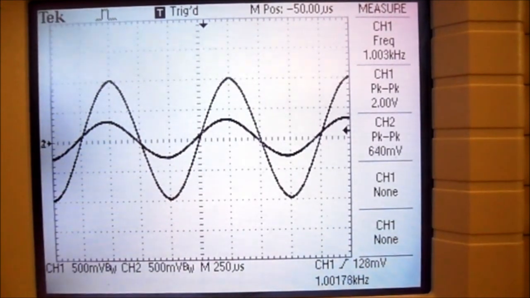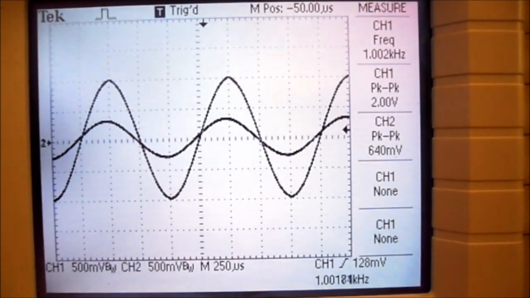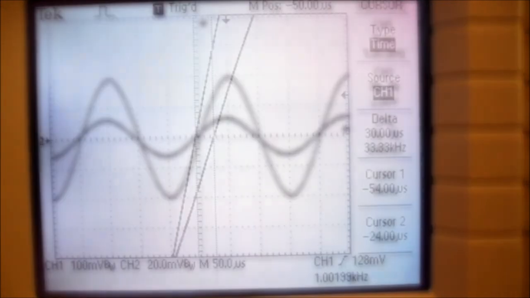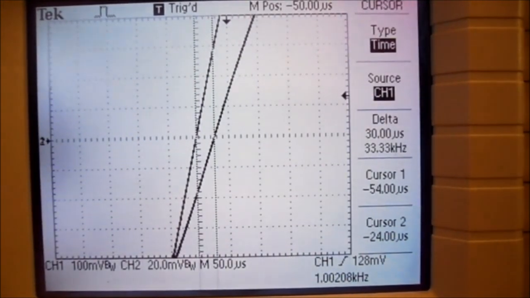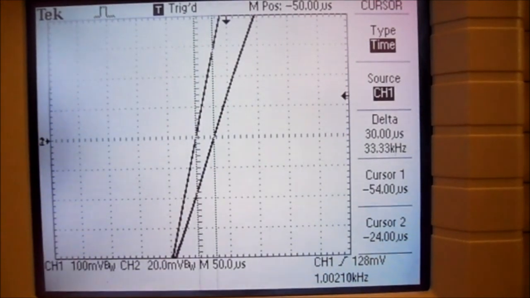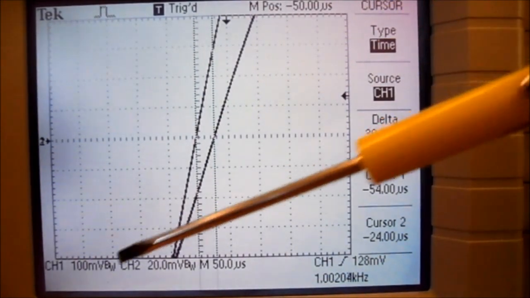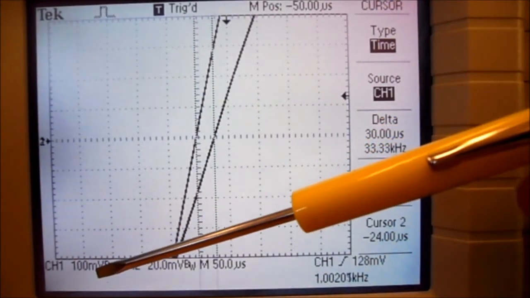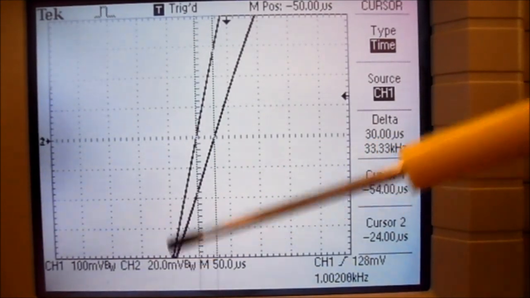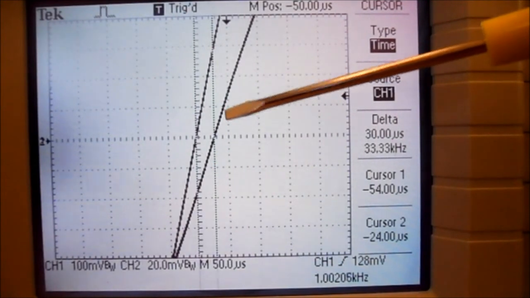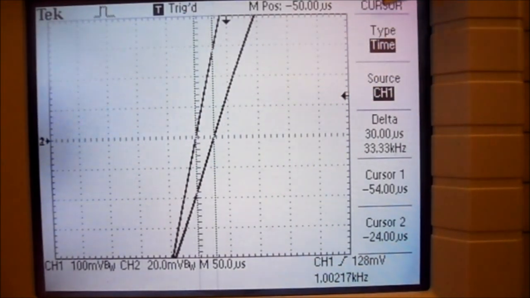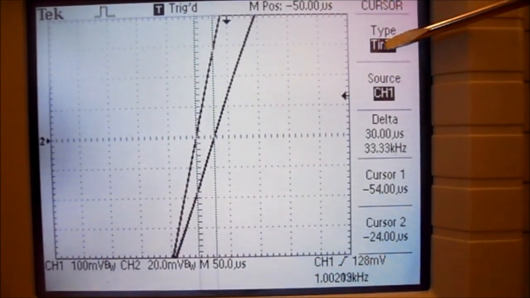Now we need to measure the phase angle between the two waveforms. I've shown you how to do this in previous labs. I'm going to change the volts per division for channel 1 and channel 2 to get my lines going as vertical as possible. I'm going to put on the cursors, and I want them to be type time.